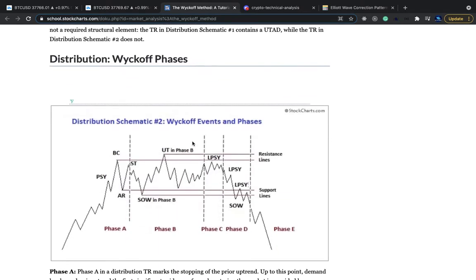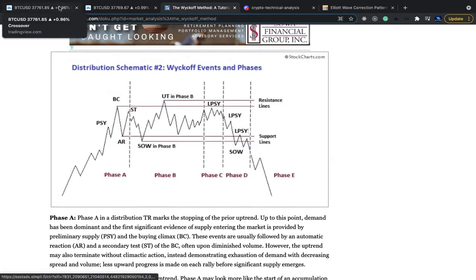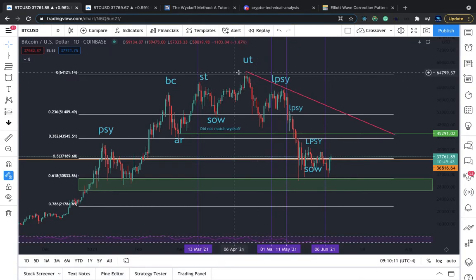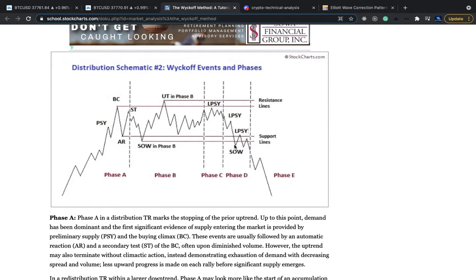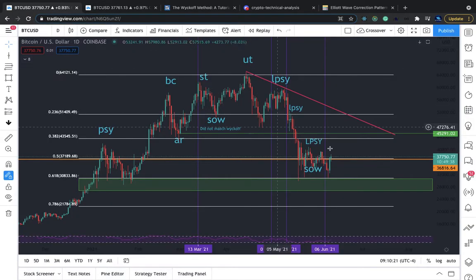I think it was schematic 2. Yes, this is schematic number 2. So in this schematic number 2, we are around here. Very close to phase E. We're pretty much in phase E.